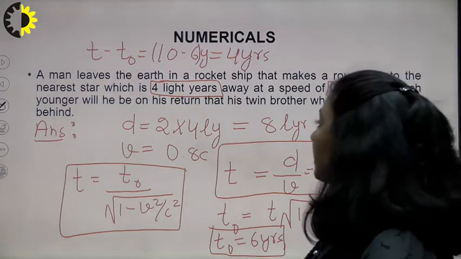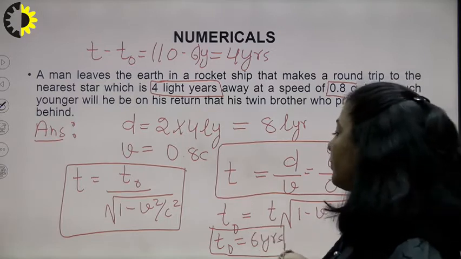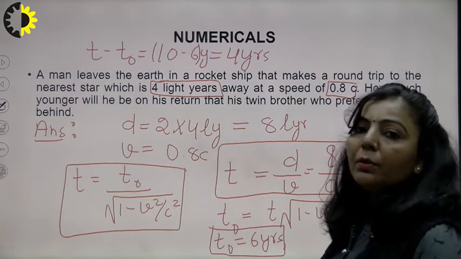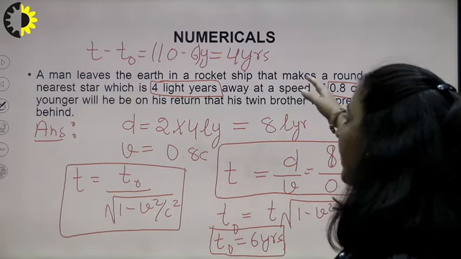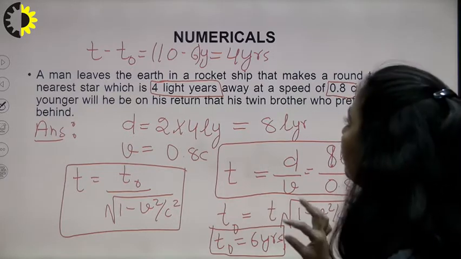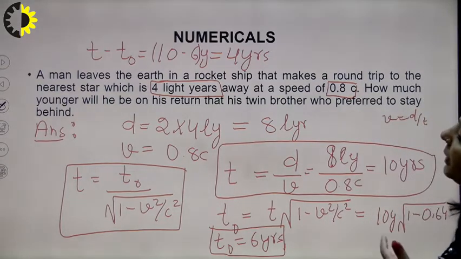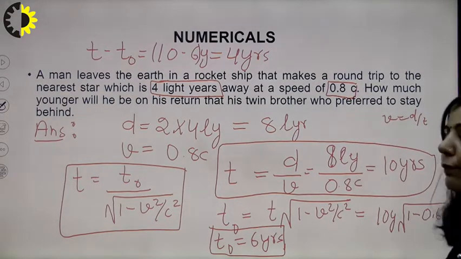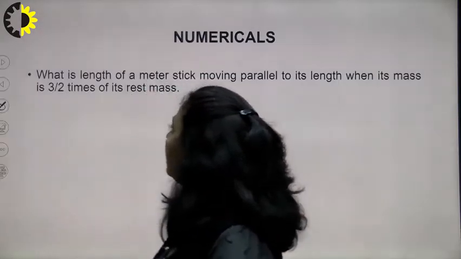The twin brother traveling takes a time of 6 years, whereas for the twin who is at the surface of earth, the time taken is 10 years. So the time difference between the age of those two is 4 years. This particular question is based upon the concept of time dilation, so using that concept you can solve this question.